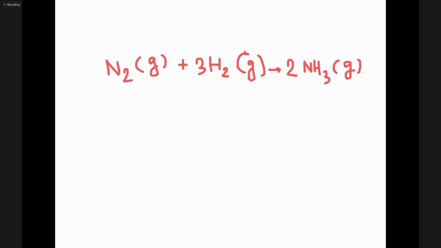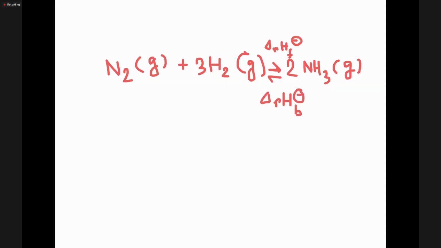So the ΔrH° value of this reaction, let's say it is a forward reaction and it is a backward reaction. So for the forward reaction, we have ΔrH° forward. And for the backward reaction, we have ΔrH° backward.